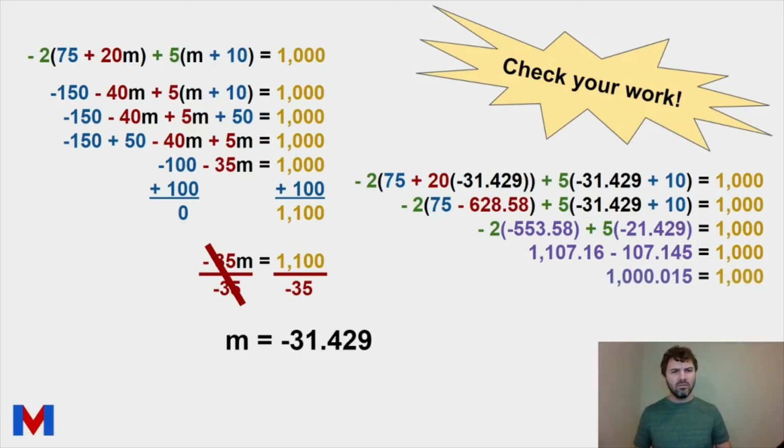And, oh, wait a minute. That's not 1000. Well, think about this. We rounded our answer. And this 1000.015 is pretty close to 1000.